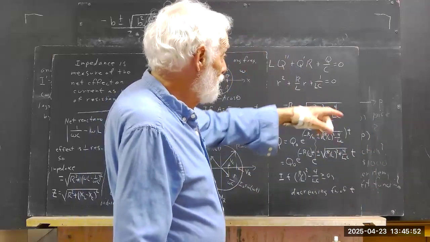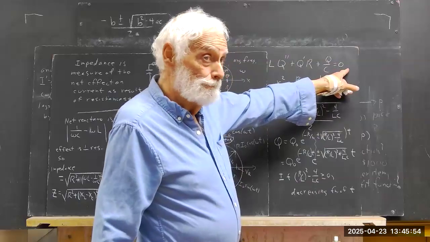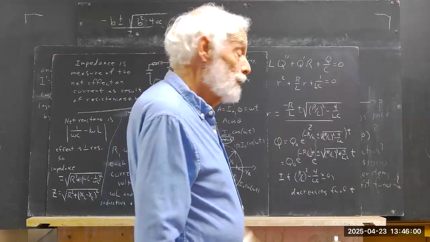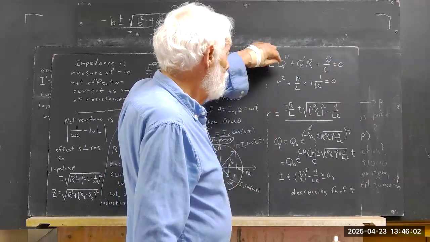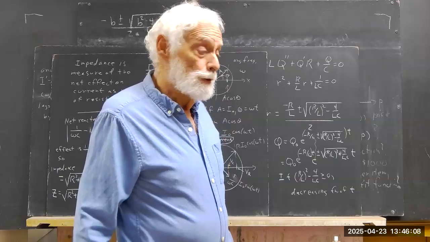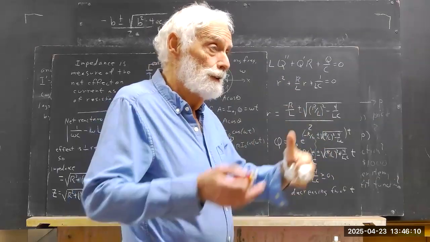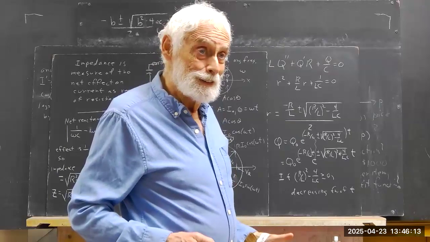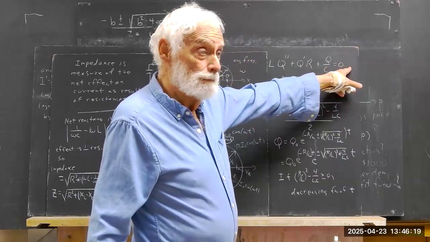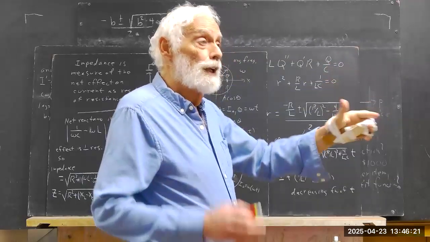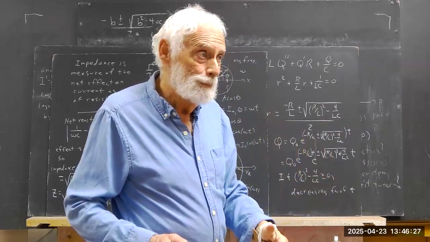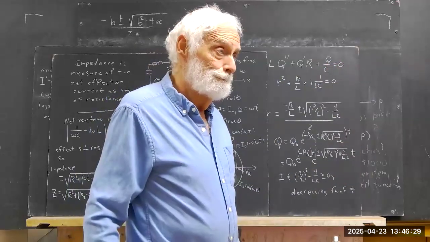Whether the source is a sine or cosine, it doesn't matter; Q is going to be some linear combination of sines and cosines. So let Q equal A sine omega t plus B cosine omega t, run it through the equation, and set it equal to the source voltage. You get a combination of sine and cosine that is out of phase with the original sine.